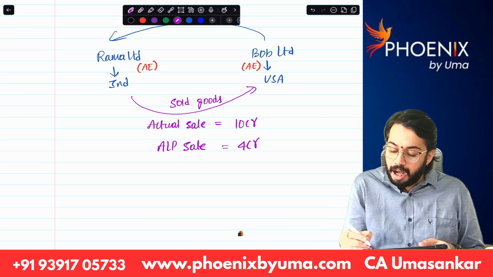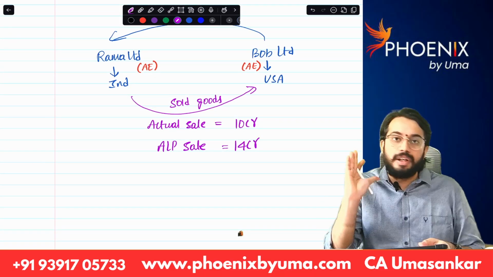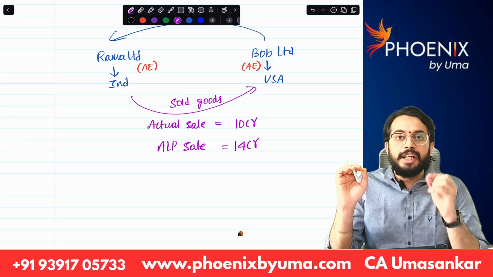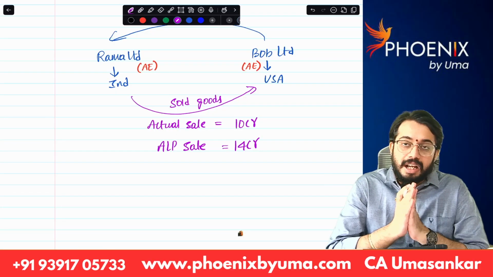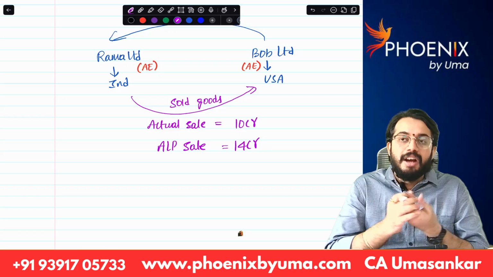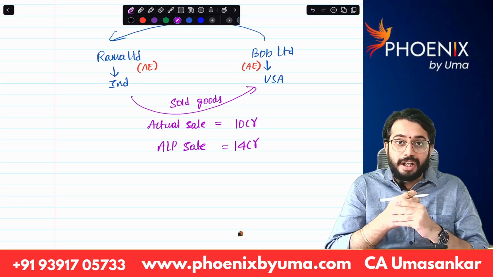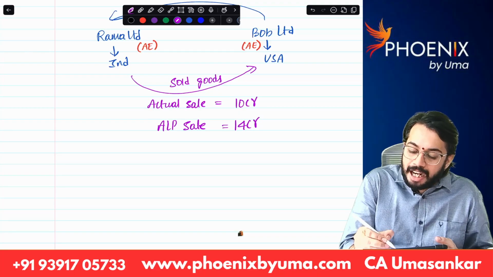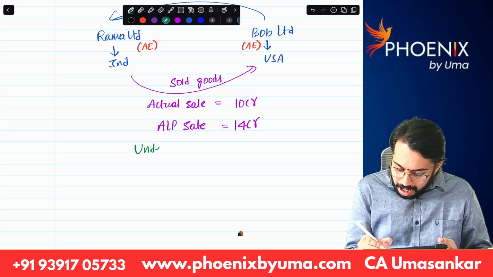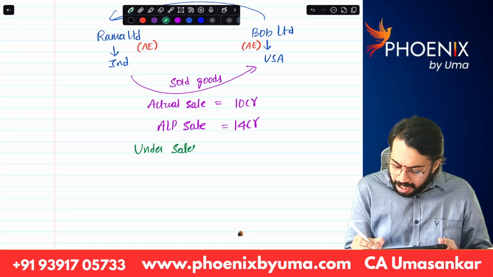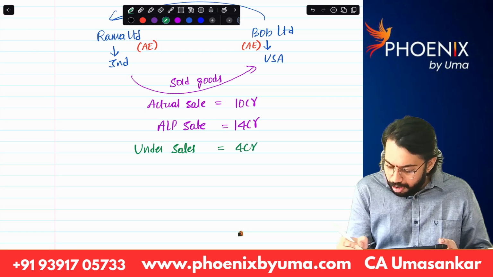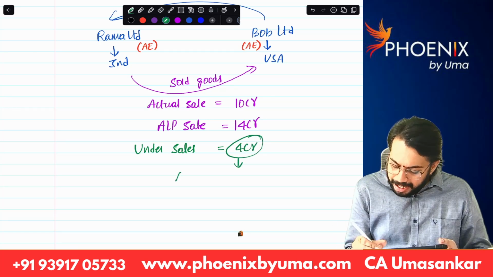Actually, they should be sold at 14 crores. But with the associated enterprise, what is the sale price at which they are sold? They are sold for 10 crores. Now, how much is under sale? Under sales are 4 crores. 4 crores will be added to income of SSC.